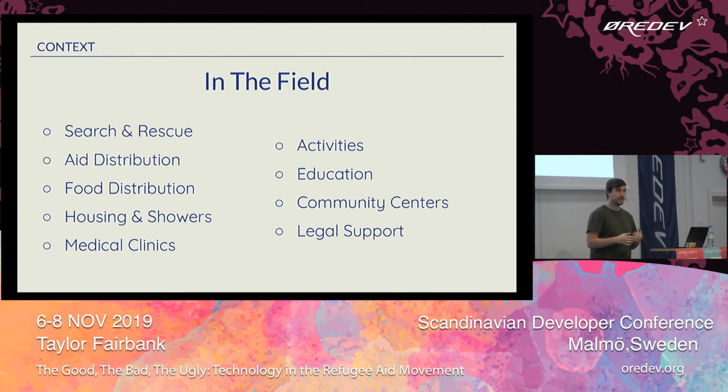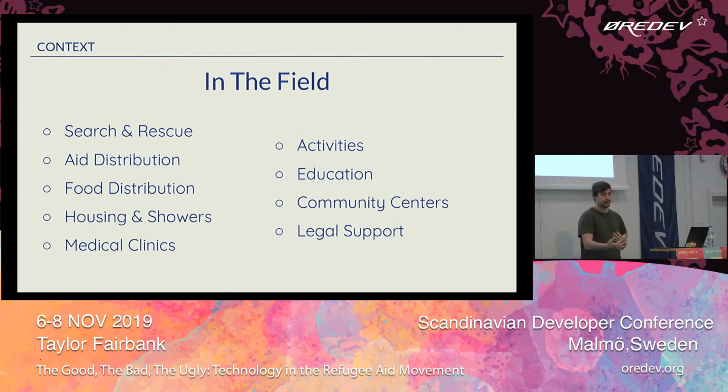So in the field, we look at groups that do search and rescue operations in the Mediterranean, aid distribution. So when you send a shipment, you got to hand it out, and there are different ways to do that. Food distribution. I know cooking projects that serve 1,000 meals 3 times a day, 365 days of the year.